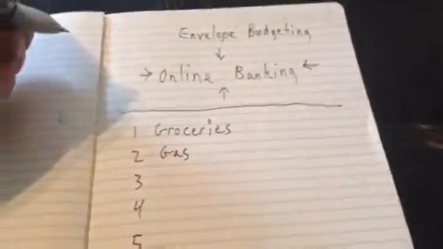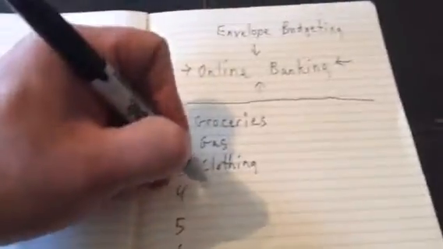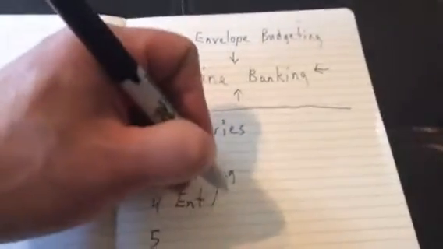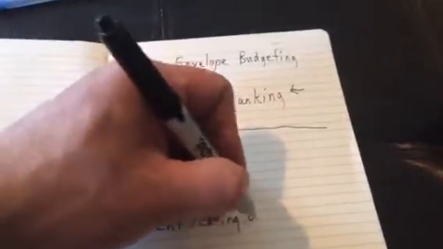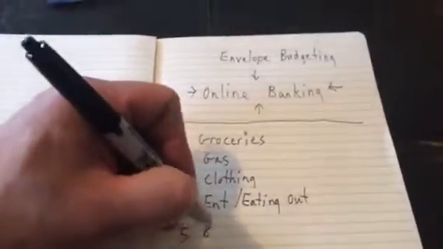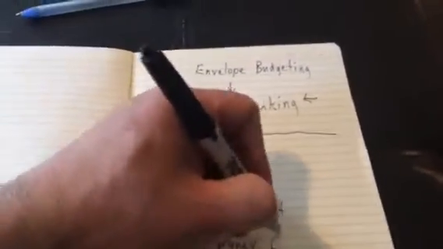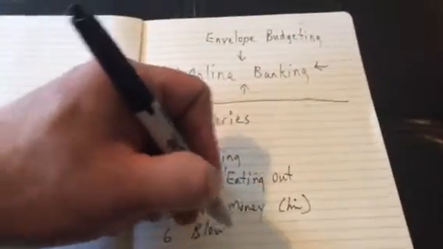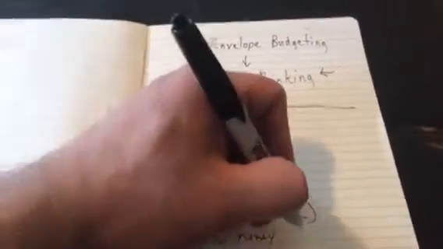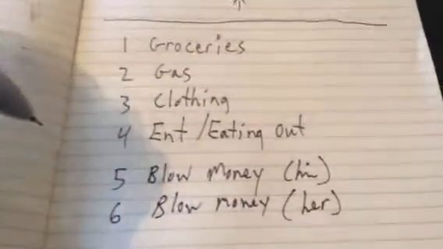Gasoline, clothing, entertainment / eating out, and then blow money. Let's just start with that. Blow money for him, blow money for her. I apologize for the messy writing, but this is what you could start off with at first.